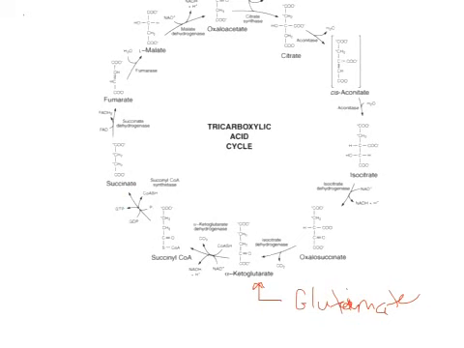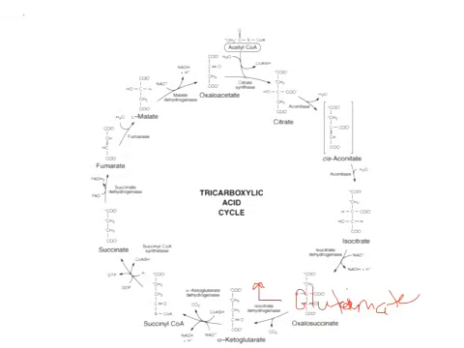And then succinate gets acted on by succinate dehydrogenase, forming an FADH2 and fumarate. Then fumarase hydrates to L-malate, and then L-malate gets acted on by malate dehydrogenase, forming another NADH and reforming the starting molecule oxaloacetate so that it can recombine with another acetyl-CoA as it comes in.